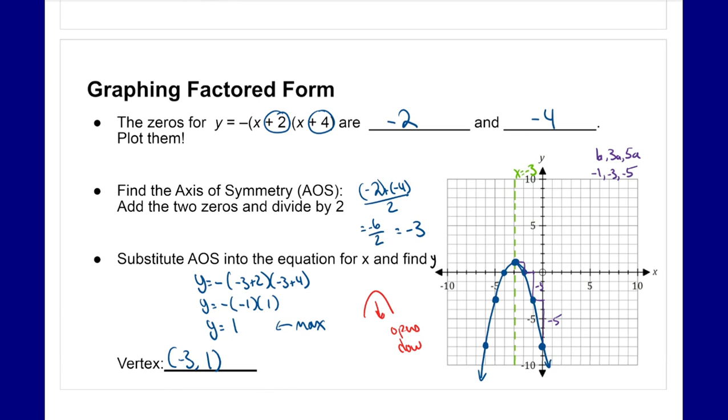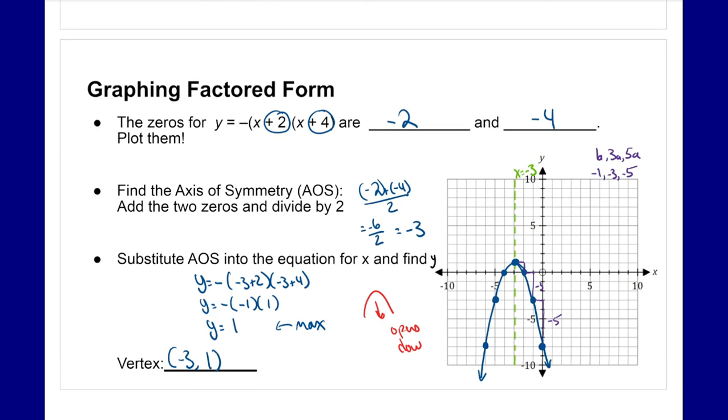So with the factored form, we should be able to find a lot of the key features of our parabola. The zeros are a big one. Then using some calculations, we should be able to find the axis of symmetry. Plugging that value into the equation and solving, we should be able to find the maximum or minimum. Then we can also take those two values, determine what the vertex is, and then hopefully we should be able to draw our graph of the quadratic.